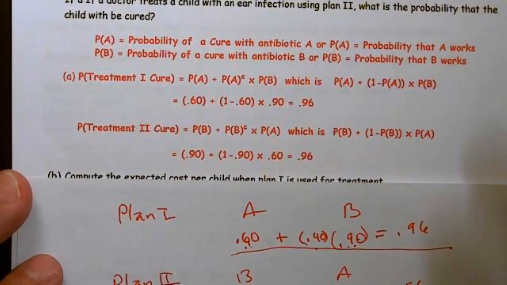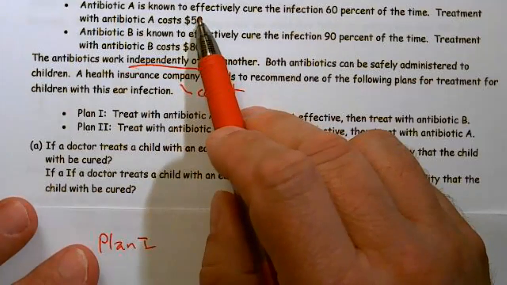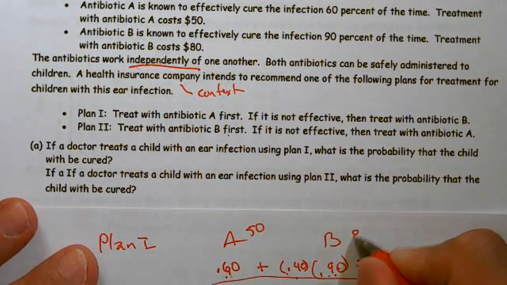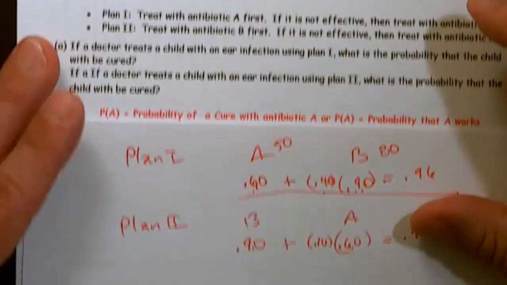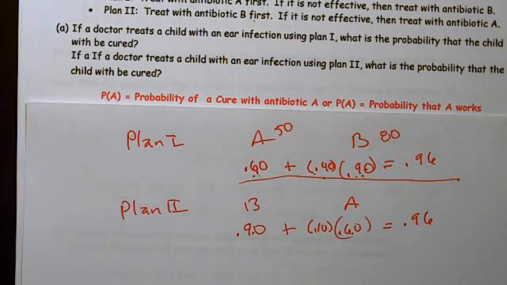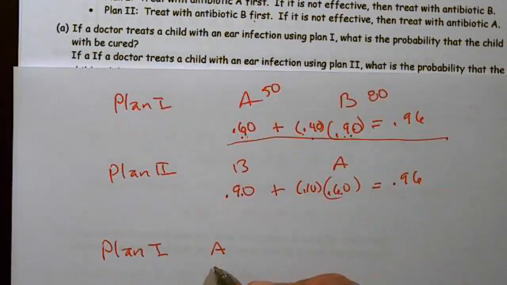So the health insurance company is not going to make a decision based on cure rate. Let's talk about cost. What did they tell us about costs? Drug A was $50 and drug B was $80. If we look at Plan 1, because I'm going to administer drug A, I'm guaranteed to have to spend $50.